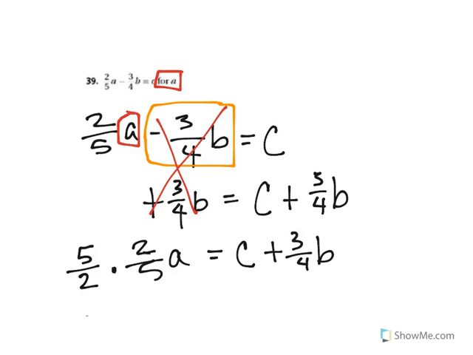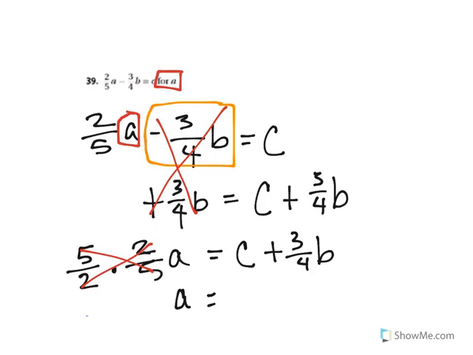By doing that, 5 times 2 is 10, 2 times 5 is 10, 10 goes into 10 one time. And what that does is it gets me 1A. I don't write the 1, and the only reason why is because anything times 1 is going to be itself. So there's no need in us writing the 1, but we always know that it's there.